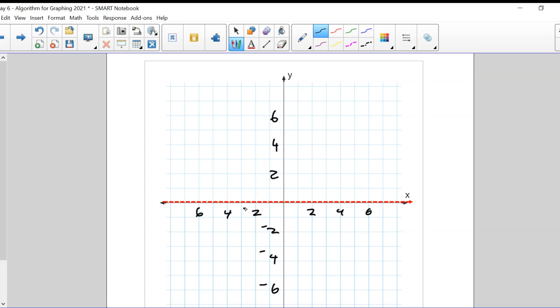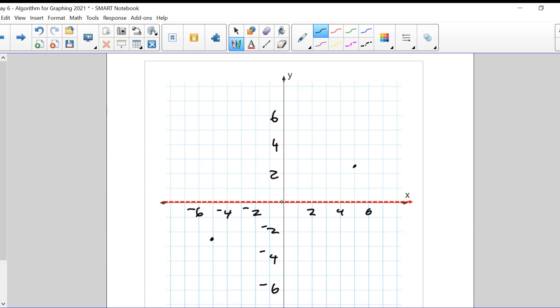These are all negative. So positive 5 and 2.5. 5 is over here, 2.5 would be about here, I'm thinking. And negative 5 and negative 2.5 would be about here.